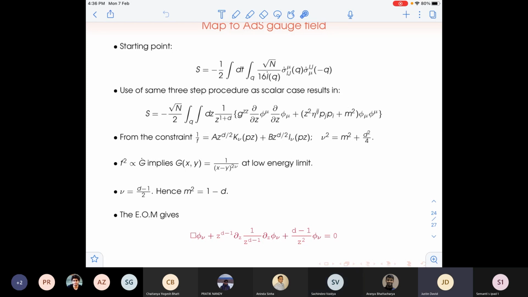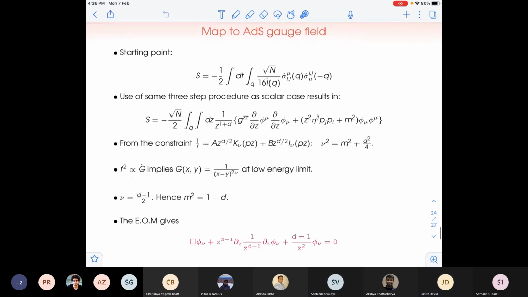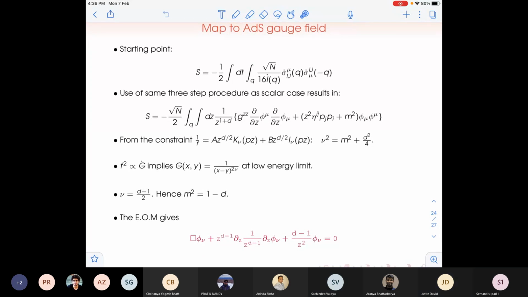I mean, that last equation, is that your Maxwell's equation? Yes, if you put Z phi mu, you will get back Maxwell's equation in AdS. But why is there just one gauge field?